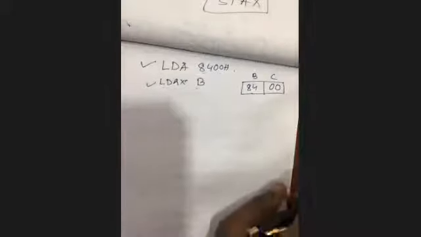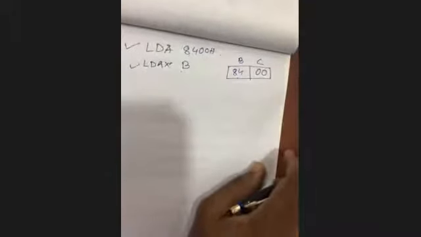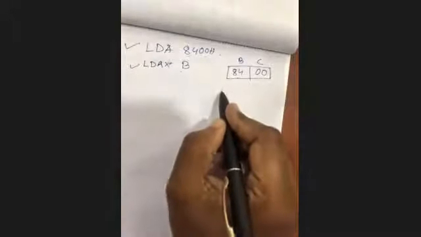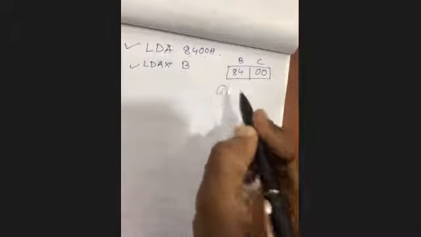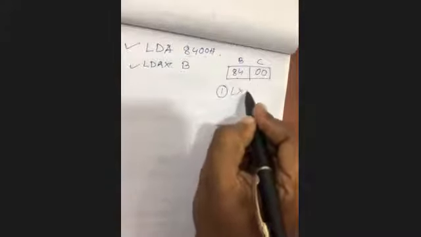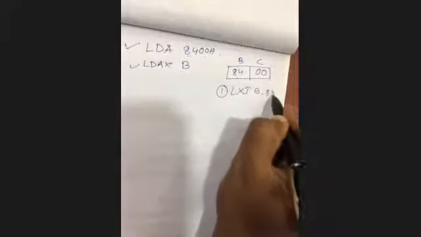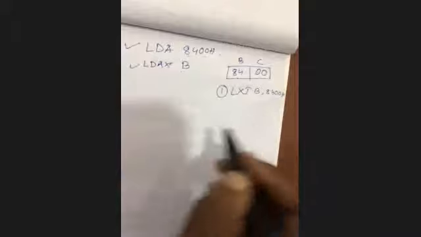Sir, how will we store 8400 in BC? By any instruction? Higher order and lower order. There are basically two procedures I already told you. The first is LXI B, 8400H, which is the correct procedure.